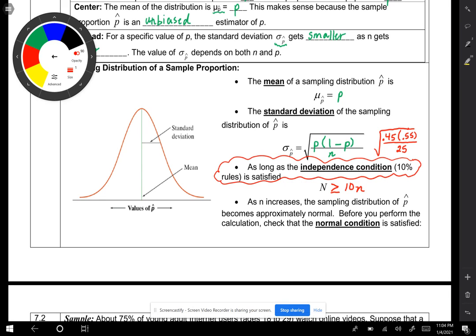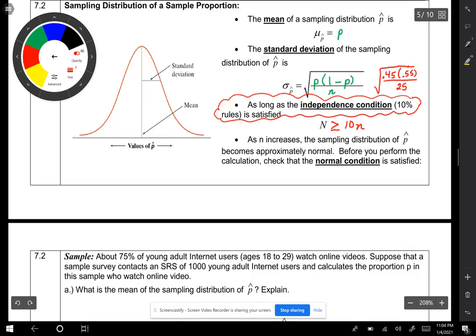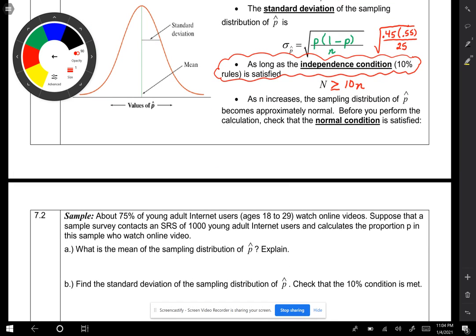As n increases, the sampling distribution of p hat becomes approximately normal. Before you perform the calculation, you must check that the normal condition is satisfied. And when we check the normal condition, you actually have to show your work, and you don't just say, oh, it's satisfied. So here are the two conditions that will satisfy the normal condition.